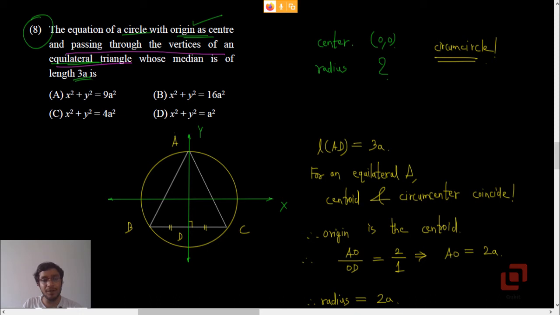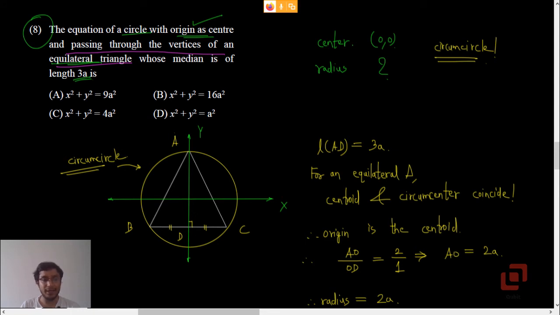They are saying that the median of the equilateral triangle has length 3a. So what I have done is I have drawn this figure here. This is the circumcircle that I was talking about. And I have deliberately picked point A, one of the vertices of the equilateral triangle, on the y-axis, so that the figure will be easier to interpret and understand.